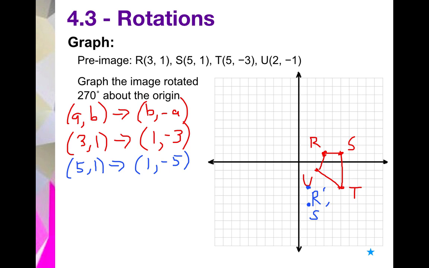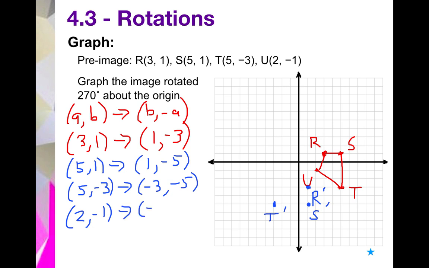I can do this with T, (5, negative 3) becomes (negative 3, negative 5). So negative 3, 1, 2, 3, 4, 5. That becomes the new T. And then finally (2, negative 1) turns into (negative 1, negative 2).